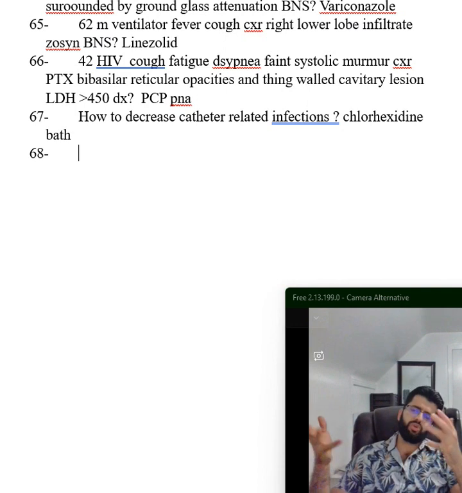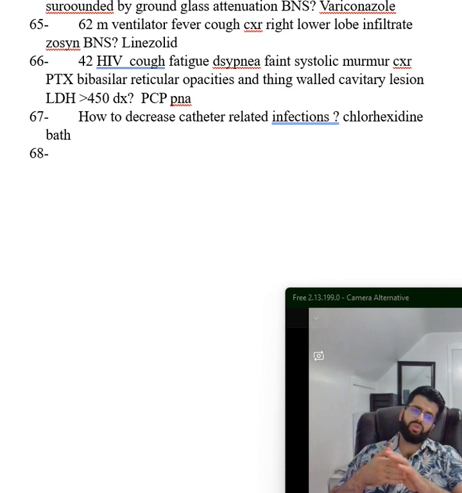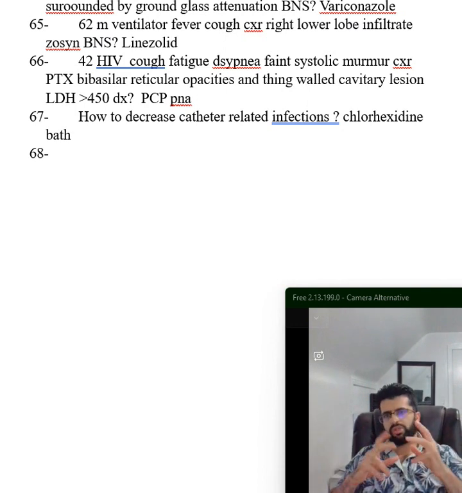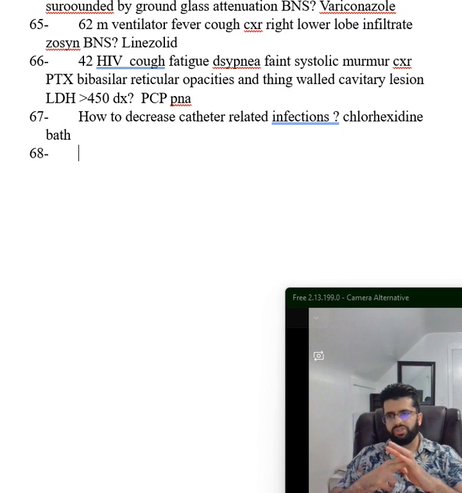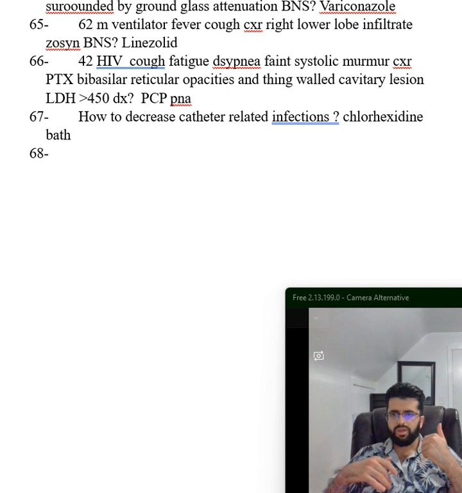Usually catheter-related infection is more common in lower extremities, femoral more than internal jugular, more than subclavian, and you want to replace the catheter after 72 hours or 96 hours, so you don't want to keep it for a long time. Routine replacement is not indicated for central venous catheter.